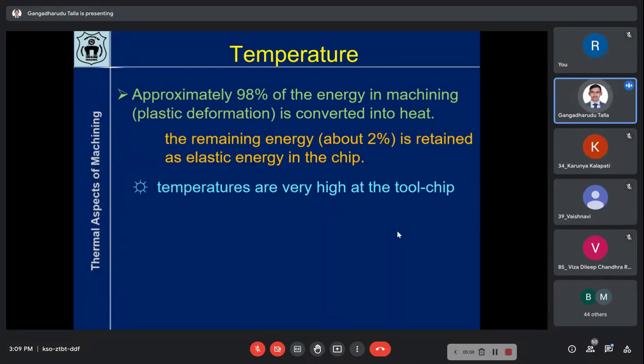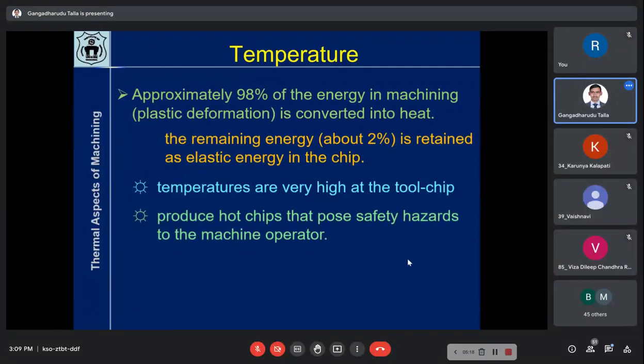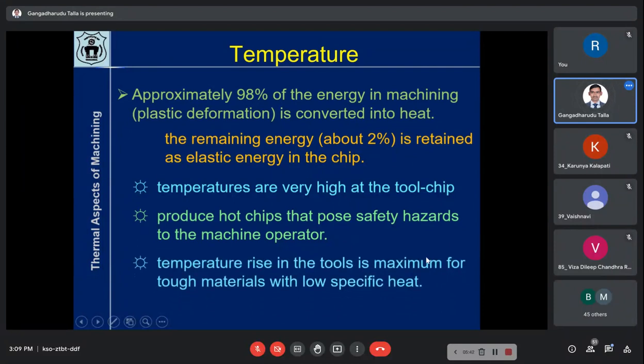So at that location of rubbing or interaction between the chip and tool there will be high temperature. Now, hot chips pose safety hazards to the machine operator. As the result of the heat that is generated, chips will be very hot and they are difficult to handle for the operator. So that is a problem to the operator if the temperature is high during cutting.